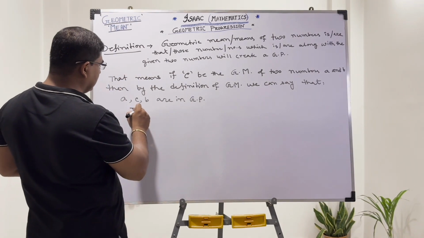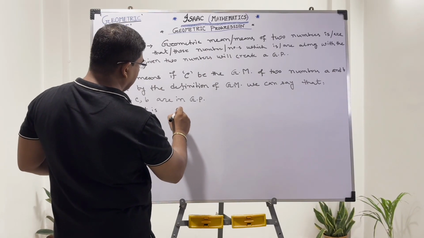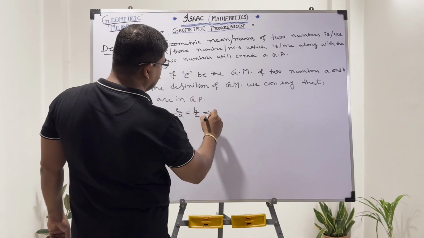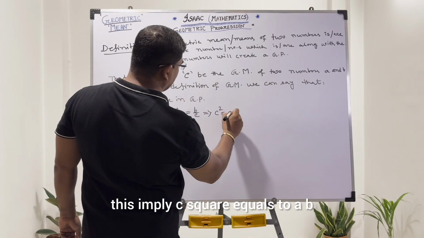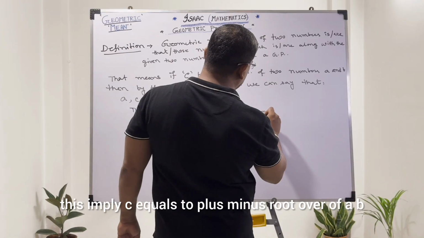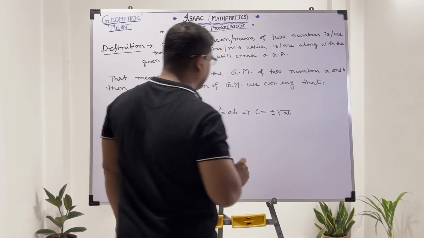That is, C by A equals to B by C. This implies C square equals to AB. This implies C equals to plus minus root over of AB. Okay.